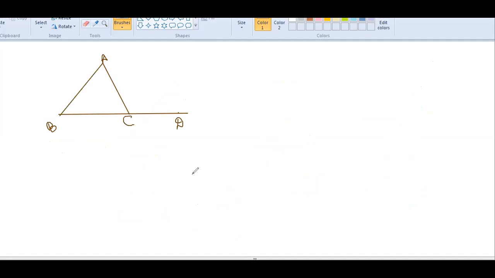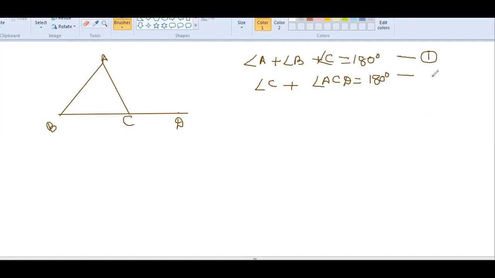First we write: suppose there is a triangle ABC in which BC is extended up to D. We can say that angle A plus angle B plus angle C will be equal to 180 degrees. And as per the linear pair, angle C plus angle ACD will be equal to 180 degrees. This is equation 1 and this is equation 2.